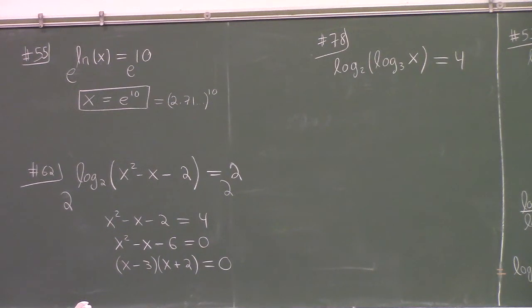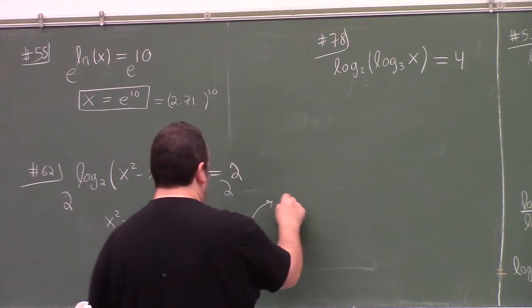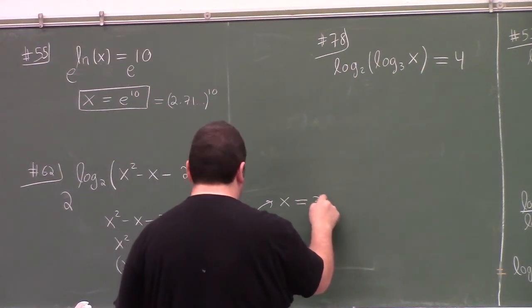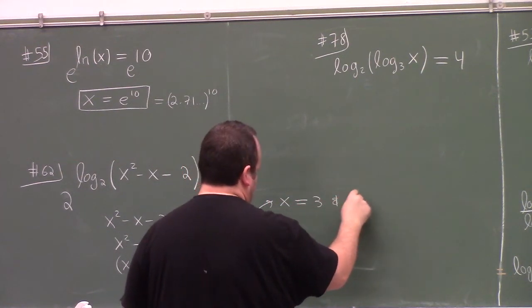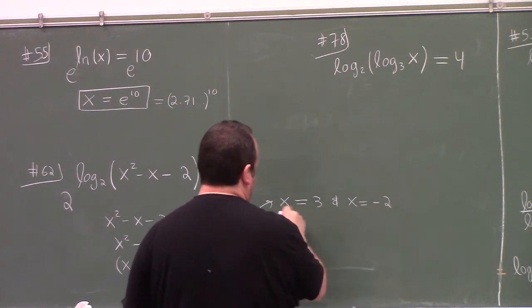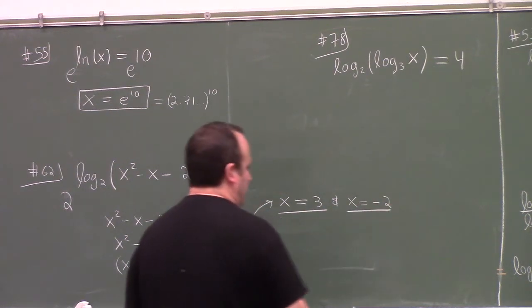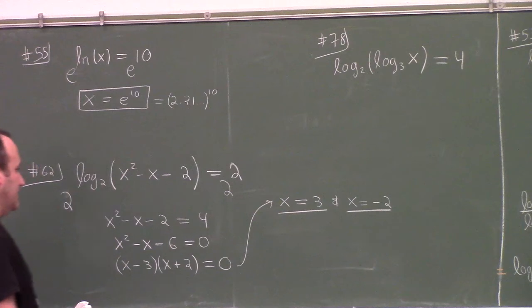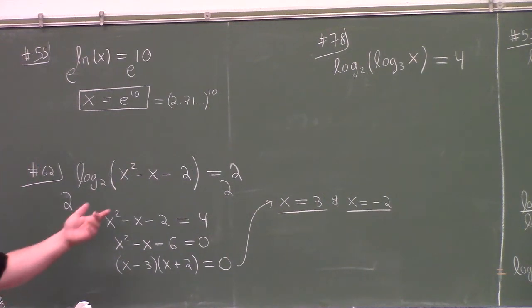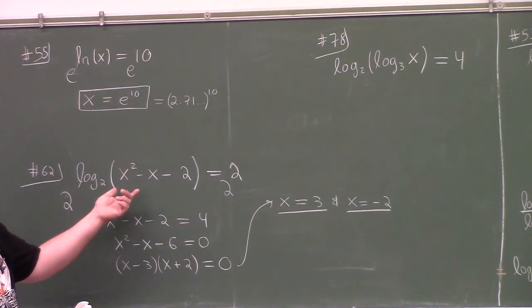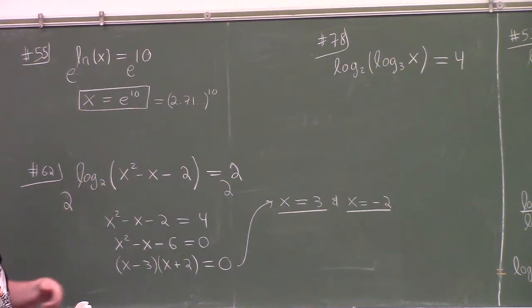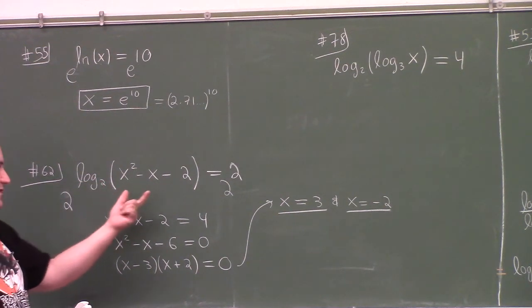So let's see here. What's the answer? x equals 3, and x equals minus 2. Now, we should probably check whether those give an input to the logarithm which is negative.